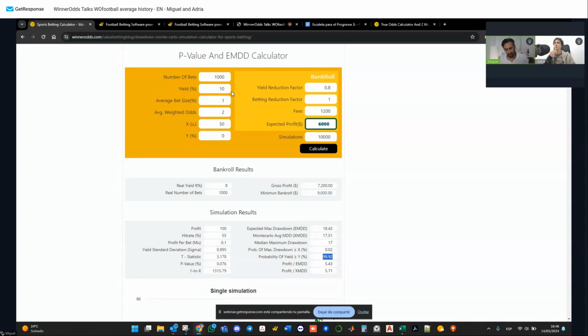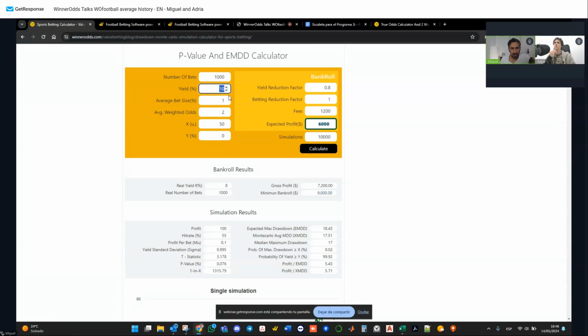And users that are slower or have less bookies, so they cannot select the best odds, will probably be on the lower part of the results. But we take everything into account and calculate the average user, and this is something that is logical. Okay, so we have seen the influence of the yield.